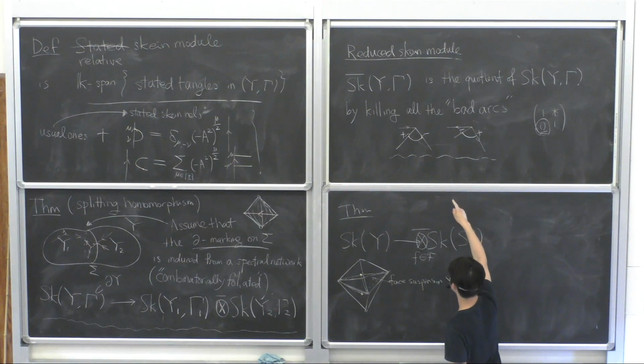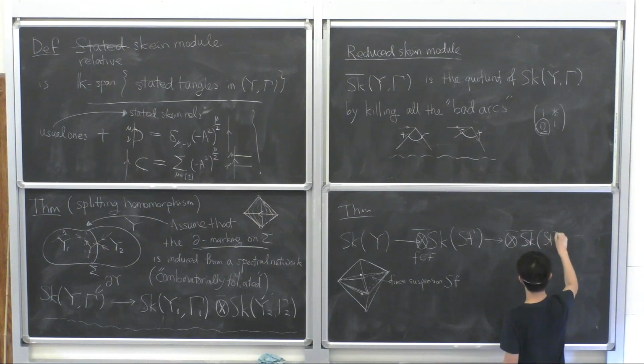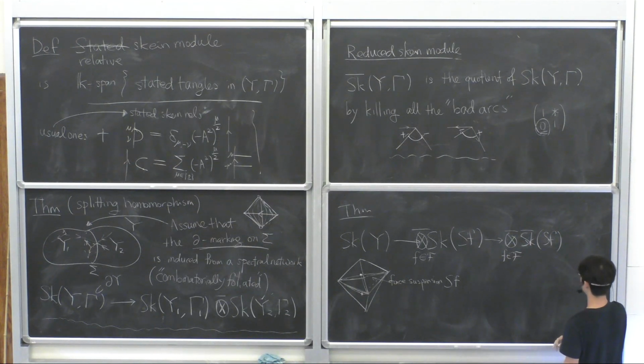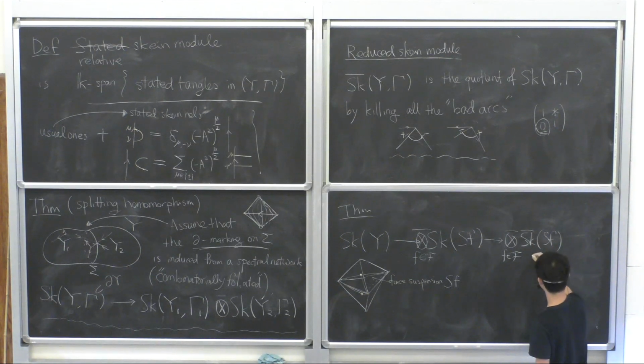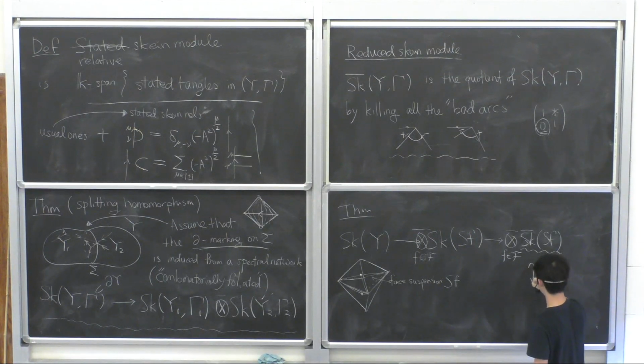And we also pass to the reduced Skein module. It turns out that this is almost abelian, and in fact it embeds into some quantum torus.